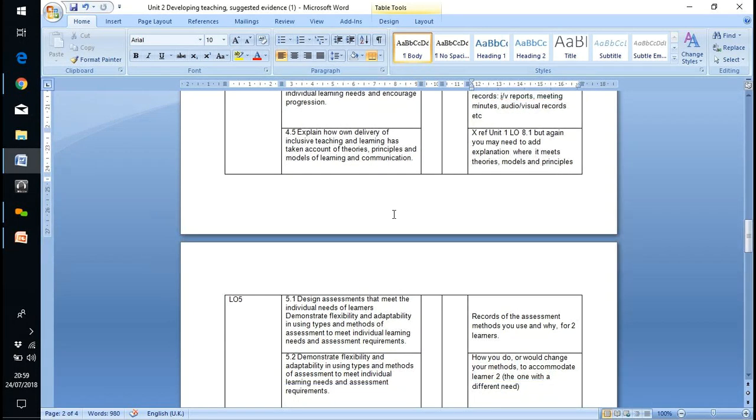And 4.5, explain how own delivery of inclusive teaching and learning has taken into account theories, principles and models of learning and communication. So again, you may need to add an explanation of where it meets the theories, models and principles, because I'm pretty sure in Unit 1 that's not in. There's some stuff in there on principles, models and learning of education.